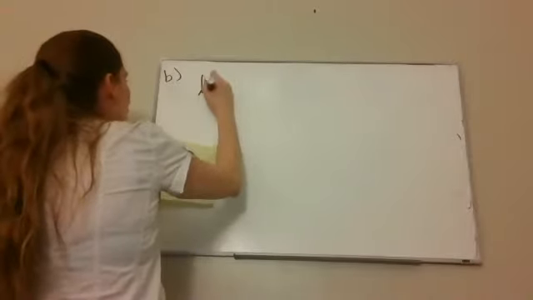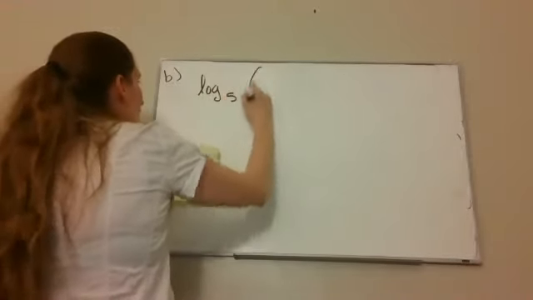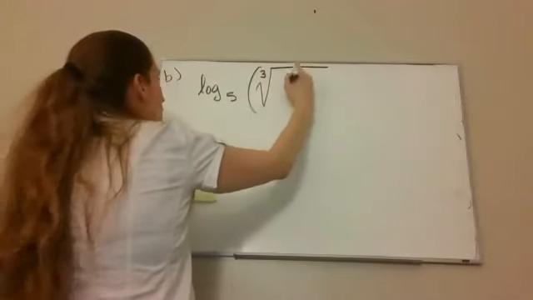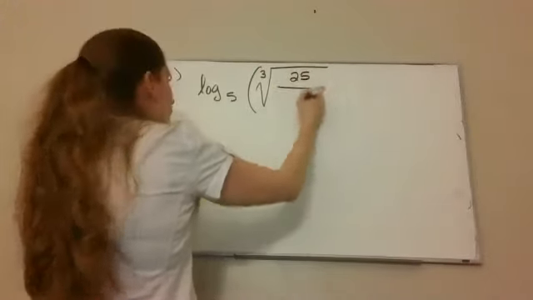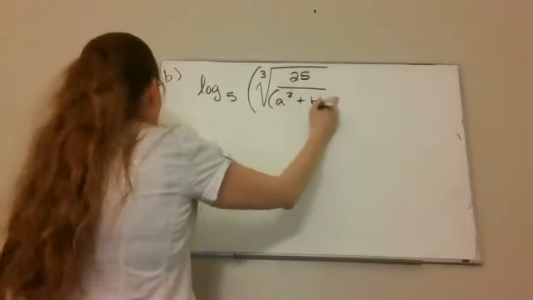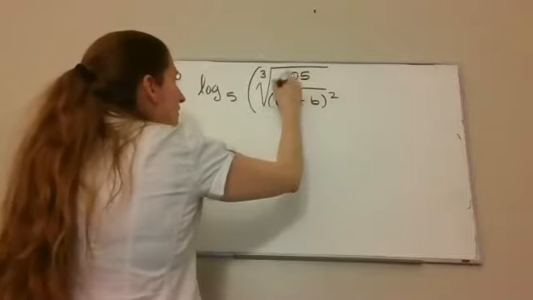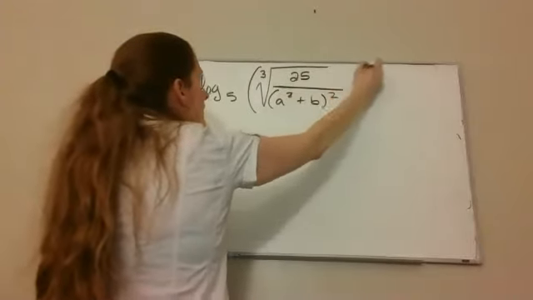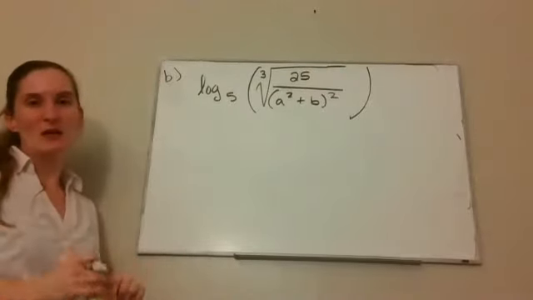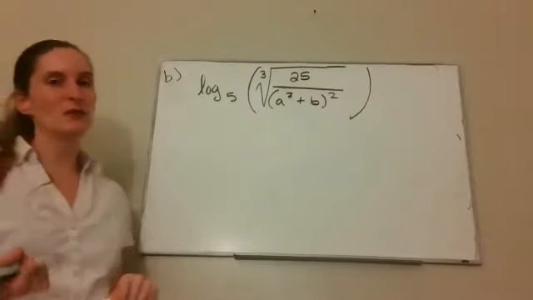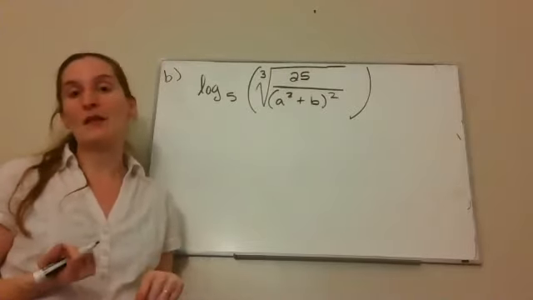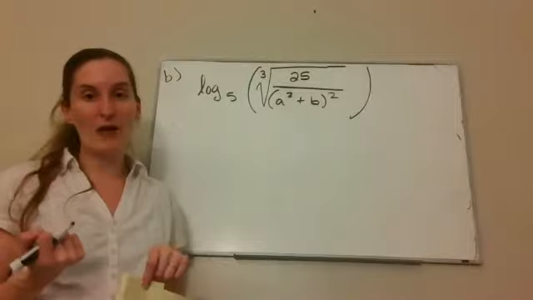I have log base 5 of the cube root of 25 over a squared plus b squared. Well, that looks terrible, doesn't it? Well, the first thing I notice is I have a really nasty cube root. We know cube roots are the same thing as a 1/3 power.